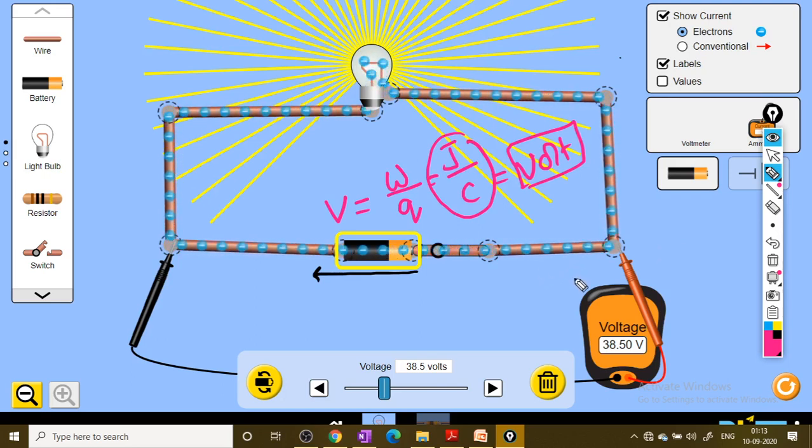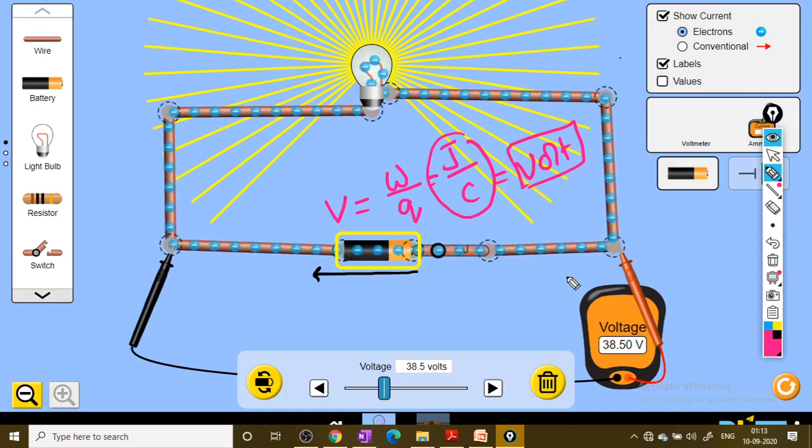This is the necessary component which is needed in the circuit, that is battery or cell. The battery contains electric energy. That electric energy is used by the electrons in the circuit.